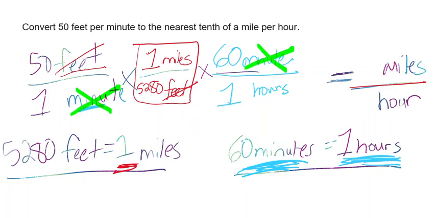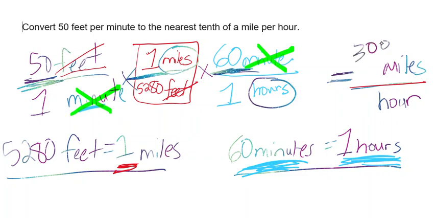So now what are the only units left in the problem? We have miles right here and we have hours right here. Everything else canceled out. So now if I just do the computation, 50 times 1 times 60, because those are the numbers on the top, 50 times 1 times 60 is 3,000.